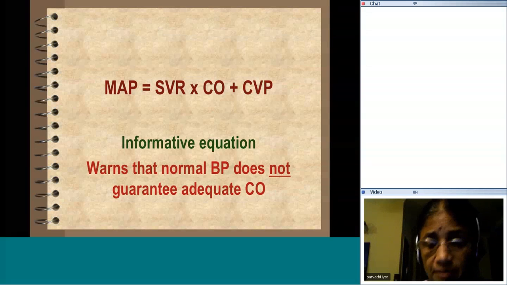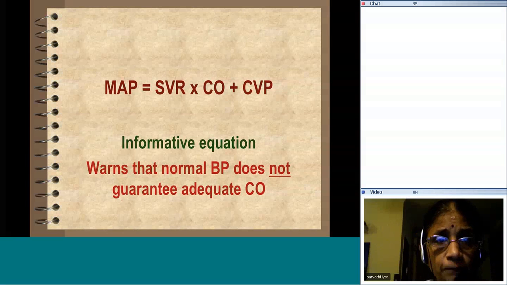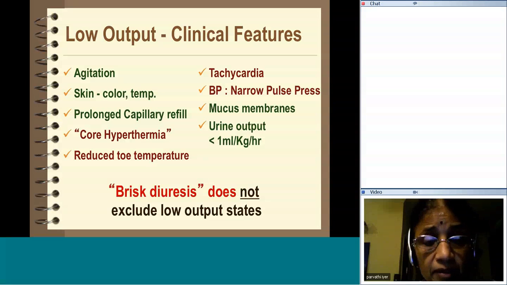Unexplained agitation, prolonged or delayed capillary refill, blanched or mottled skin, cool peripheries, core hypothermia, diminished toe temperature, unexplained tachycardia, narrow pulse pressures, dry mucous membranes, or a reduced urine output. A lot of these features help you in suspecting an early evolving low output state.